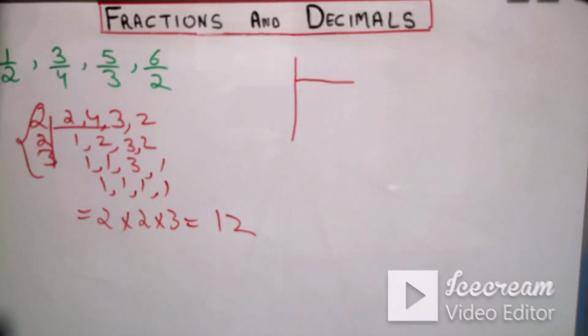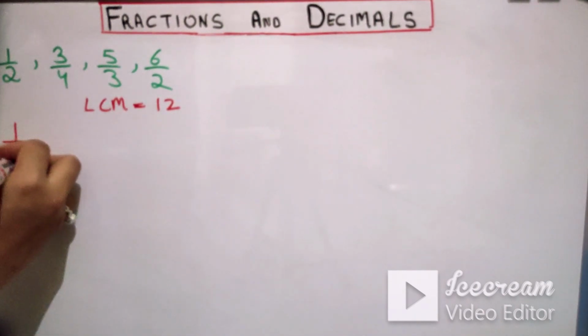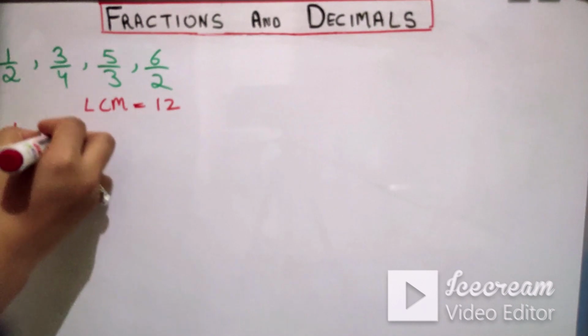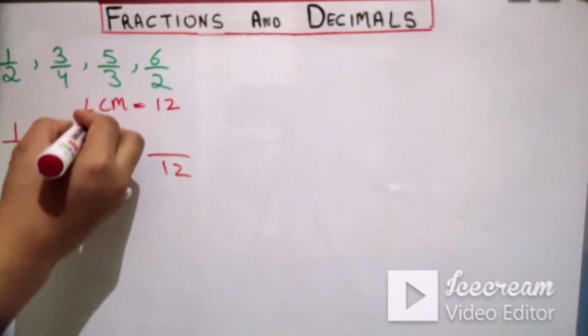Now how are we going to proceed? Since the LCM that we got is 12, we need to make all these fractions with the same denominator of 12. Now we take 1 by 2. How can we get 12 here? We simply multiply it by 6.